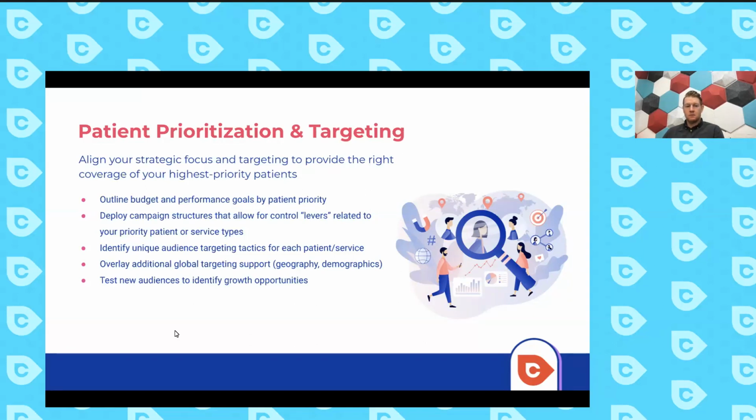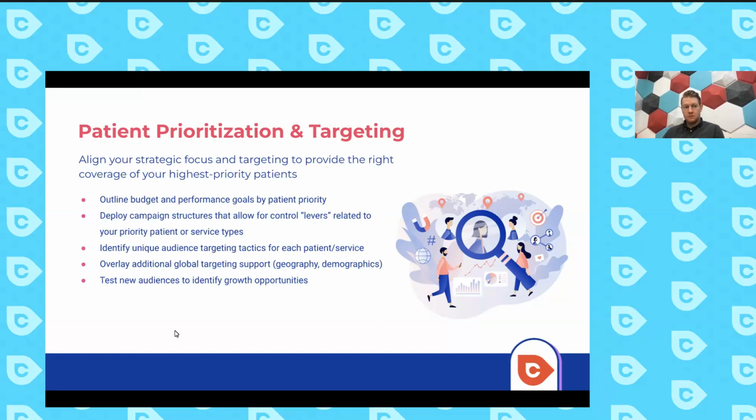Of course, each of these will have different targeting requirements, right? Someone looking for injectables or a quick stop-in is going to be different than someone doing something like a mommy makeover or a plastic surgery procedure, right? It's more considered. It's a different demographic, conceivably, not even to say different geographies, right?